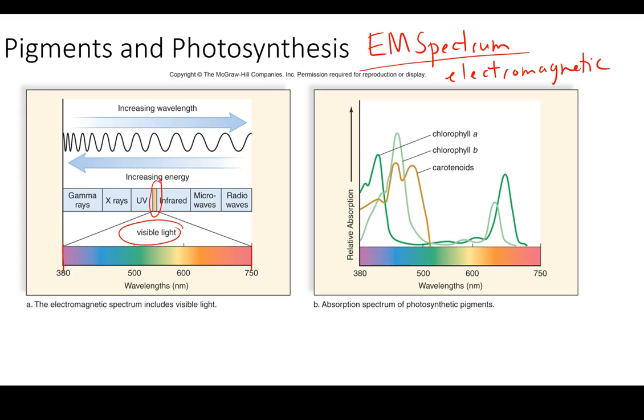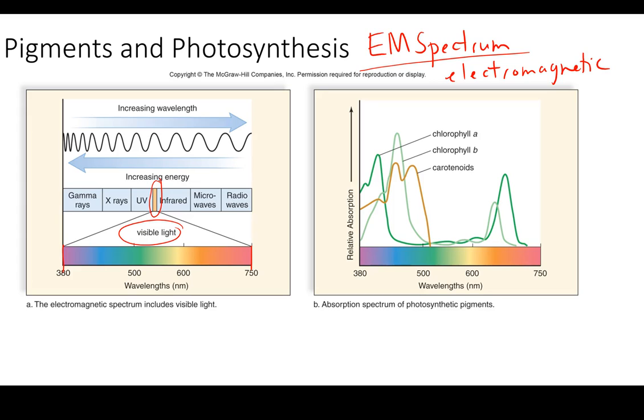So what I'm saying is, when you look at most photosynthetic organisms, what color do you see? Green. That means what wavelength of light is reflected, not absorbed, by that particular organism? Yeah, 500, 520, maybe up to 540.